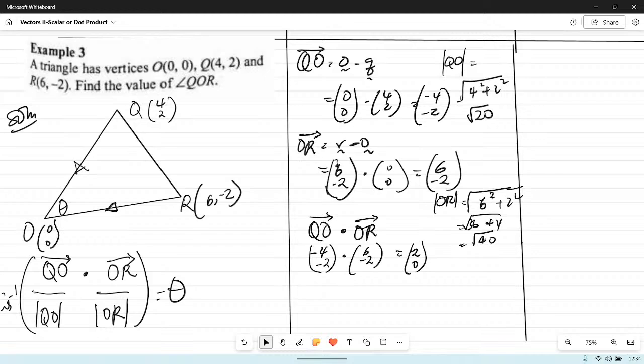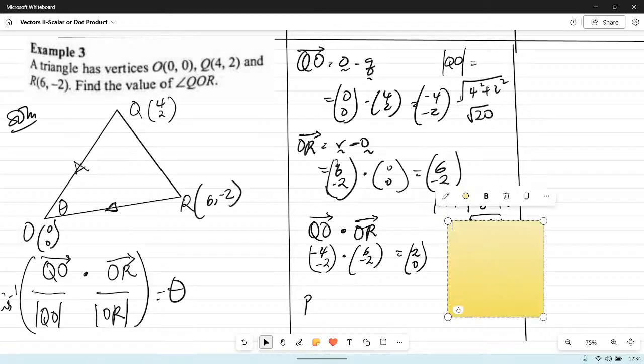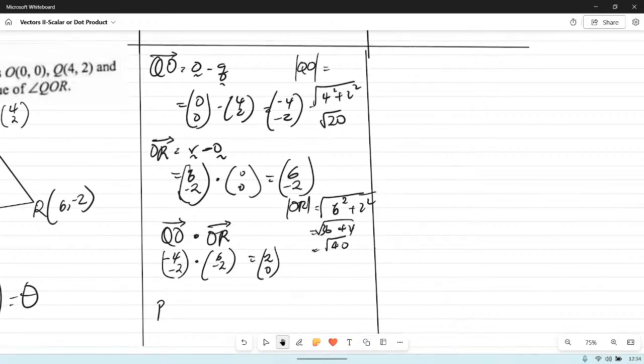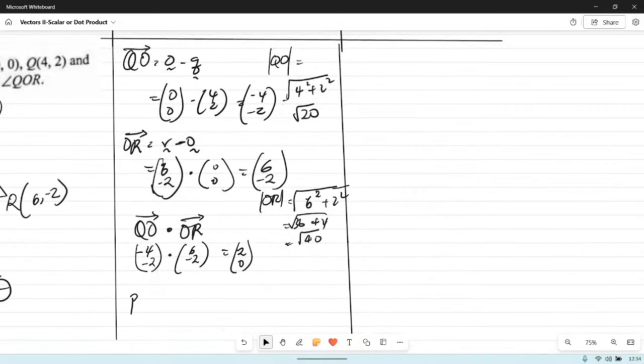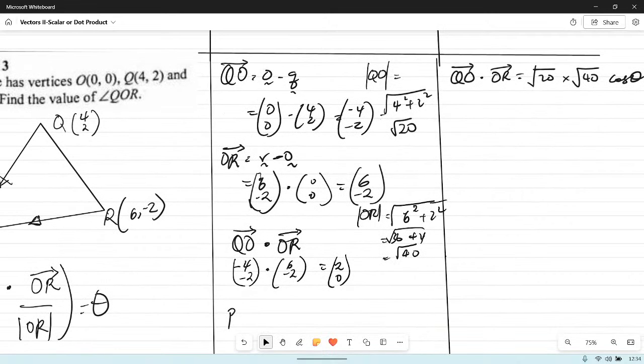We have the distance. So now we know that QO dot OR. Q also needs 20 times root 40.